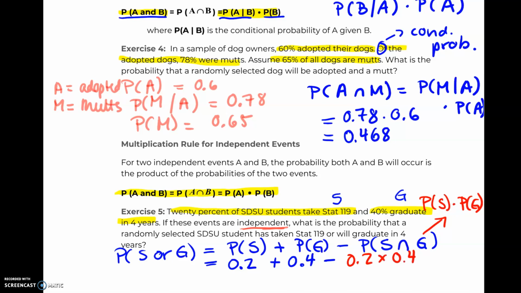This is going to come up in an activity we're going to do in class, so keep that in mind. So we have 0.2 plus 0.4 is 0.6, minus 0.08 gives us a total of 0.52.